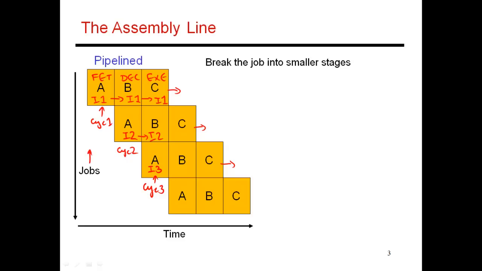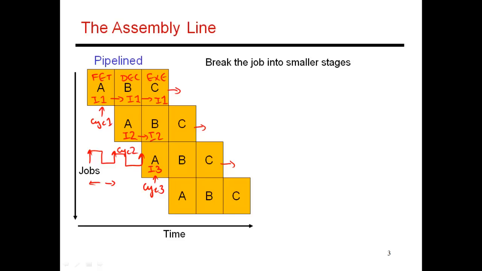There's a clock that spikes up at this point of time, then goes down, and then spikes up again over here. And then the same process repeats. At every rising clock edge, you have stage C finishing its task and graduating an instruction. And every rising clock edge happens after a certain amount of time.